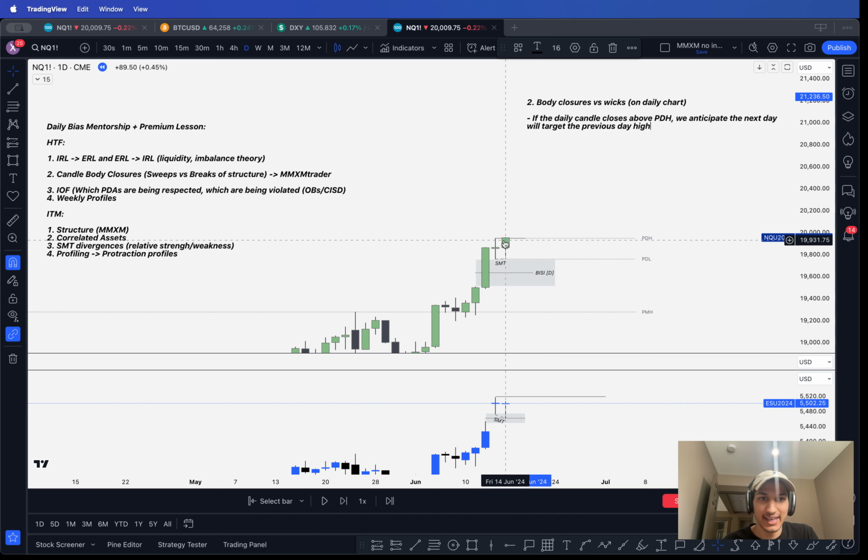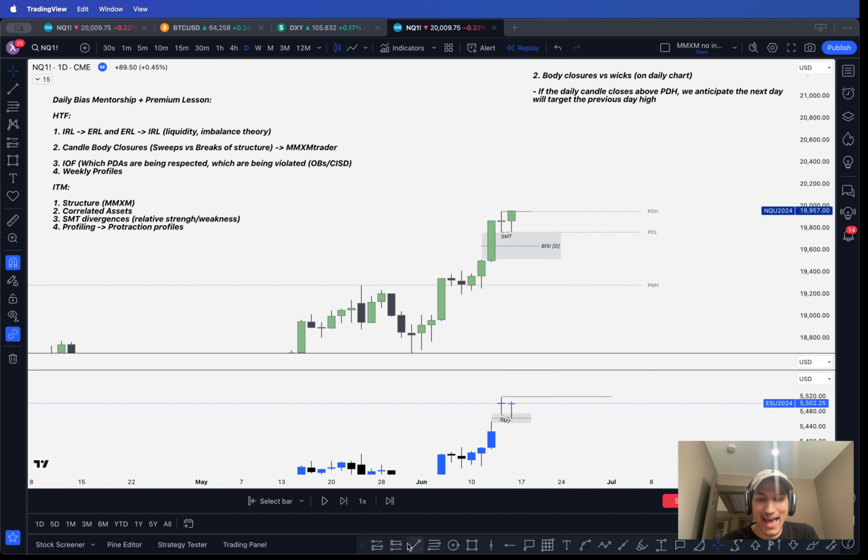So if this daily candle closes above the previous daily high, we anticipate that the next day will target that day's high. And you can see that kind of analysis is pretty straightforward and also quite robust in terms of trending markets.